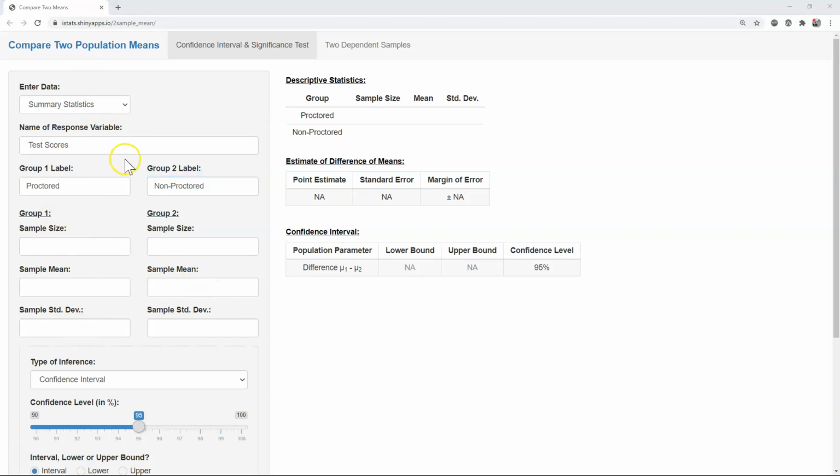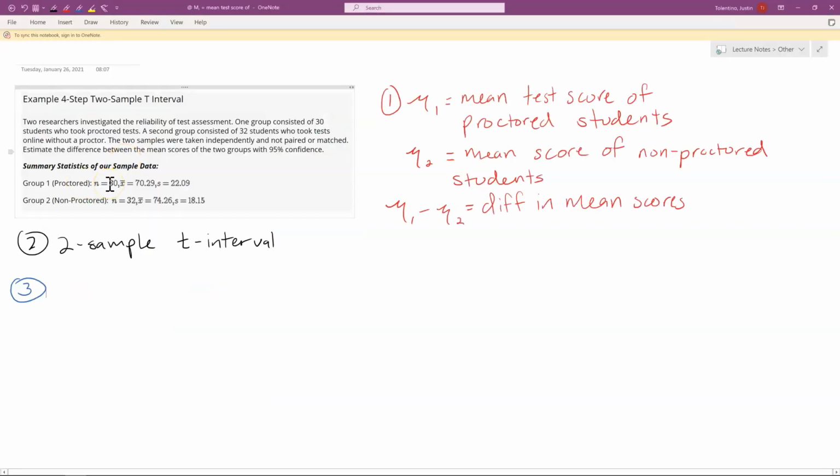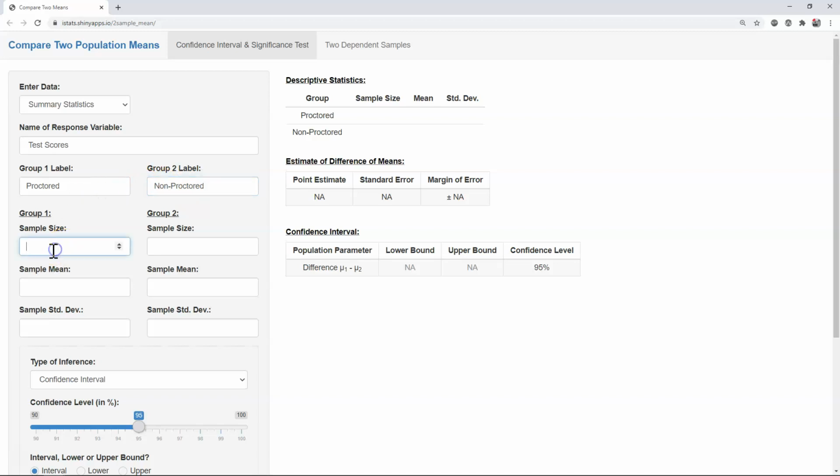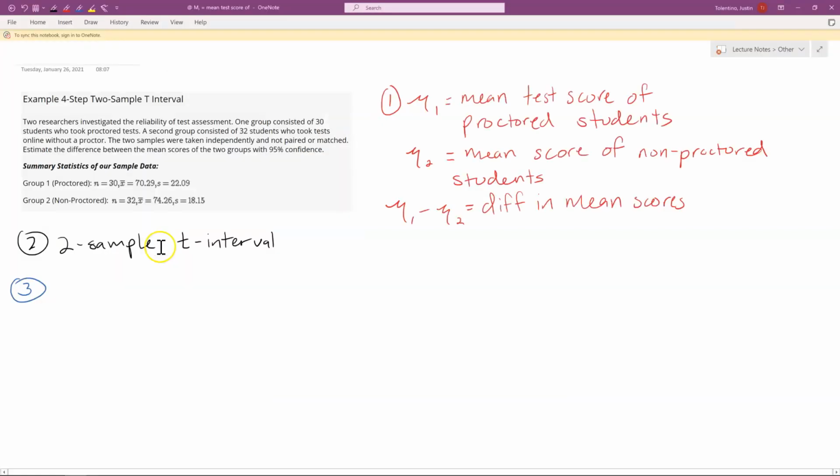So for group 1, we see that we have 30 as our sample size, 70.29, and 22.09. And then for group 2, we have 32 as our sample size, 74.26 is the mean, and 18.15 is the standard deviation.